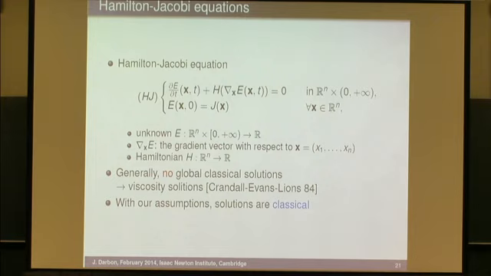In general, you cannot hope for a classical solution, classical in the sense that the gradient of E will not exist everywhere in the interior of the domain. Most probably you won't have that. So that's why those famous guys came with the notion of viscosity solution. It turns out that with the previous assumptions, all the solutions will be classical, so we don't need viscosity solutions.